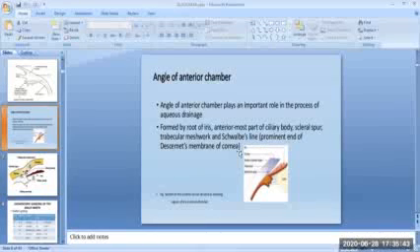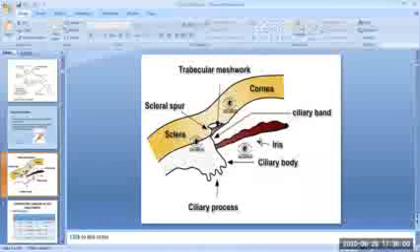The cornea has how many layers? It has around 6 layers, and the Descemet's membrane is an inner layer of the cornea. These are the structures.